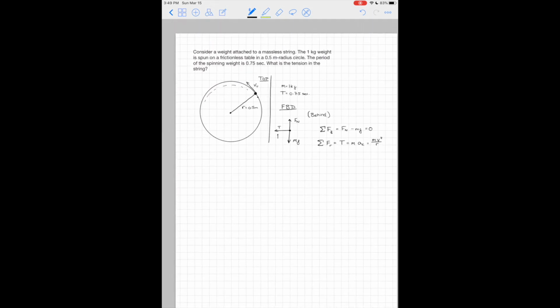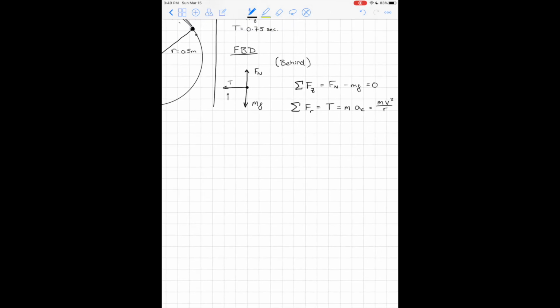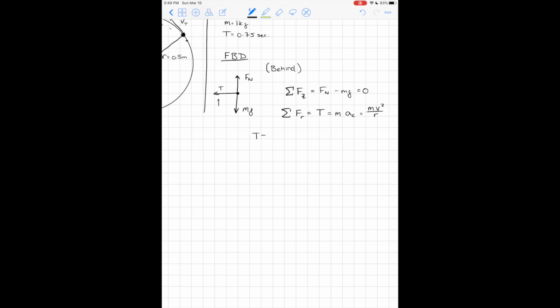Zooming out to our question here, what is the tension in the string? T equals mv squared over r now. What's v here? I think we talked about this in the review of rotational quantities.